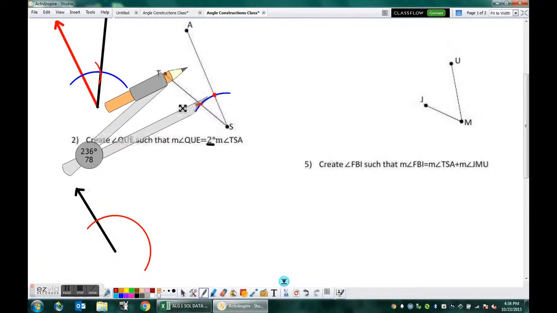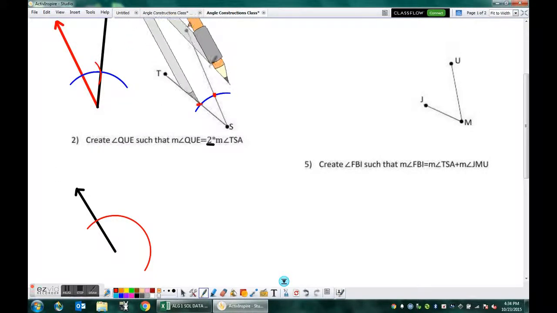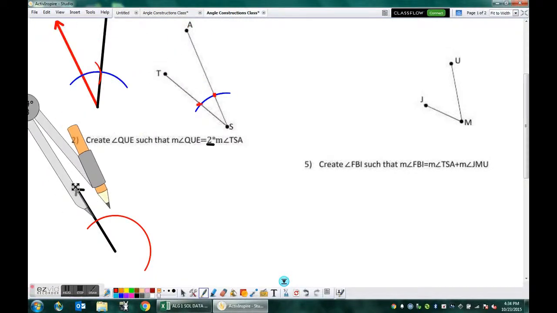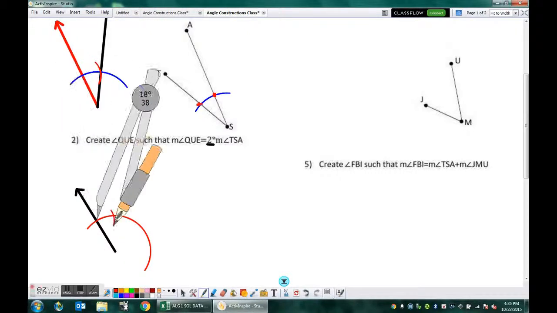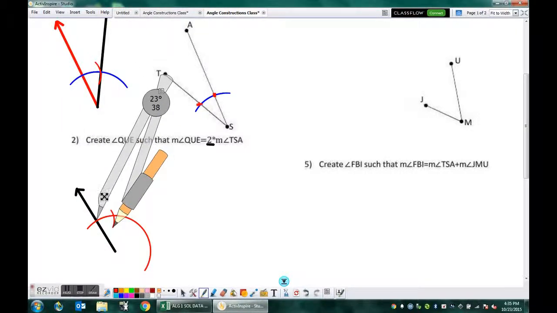Then the next step, I'm going to measure between those two intersection points up top. Up to this point, we're doing the same steps as number 1. I'm going to move the sharp point over to the one intersection that I have and make an X.